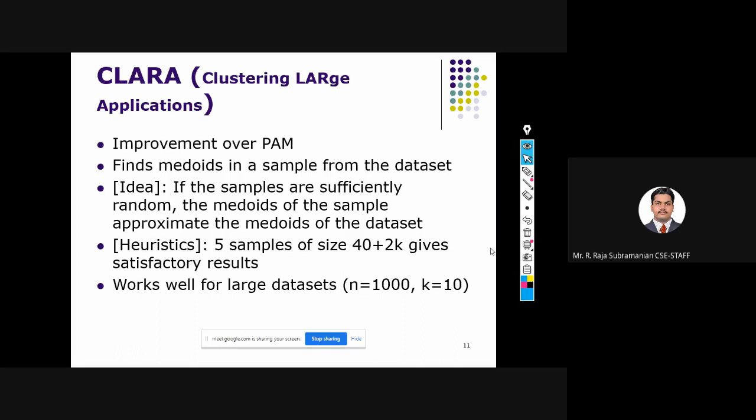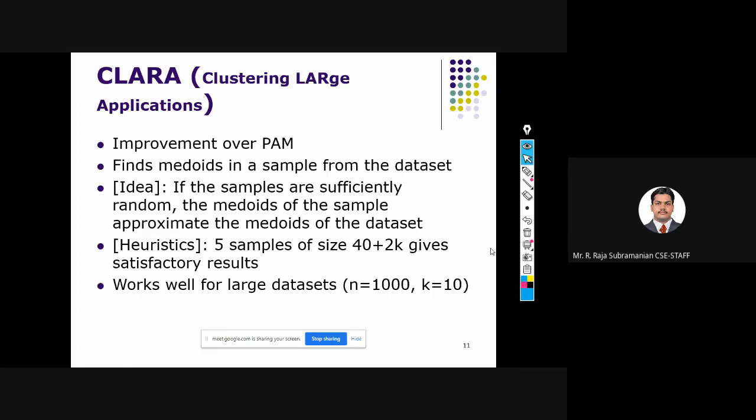So instead of selecting the best 5 medoids from 1000 points, you select the best 5 medoids from 100 samples of the 1000. In the local sample of 100, you select only 5 medoids. So that will be easy to do.